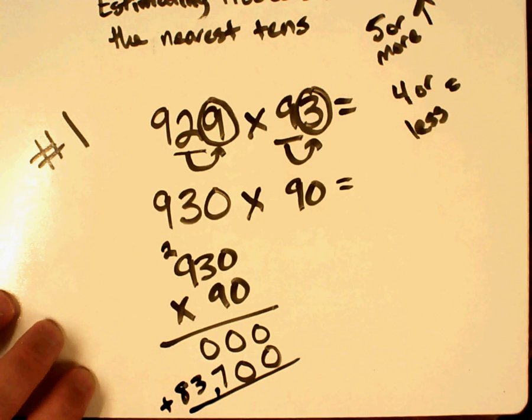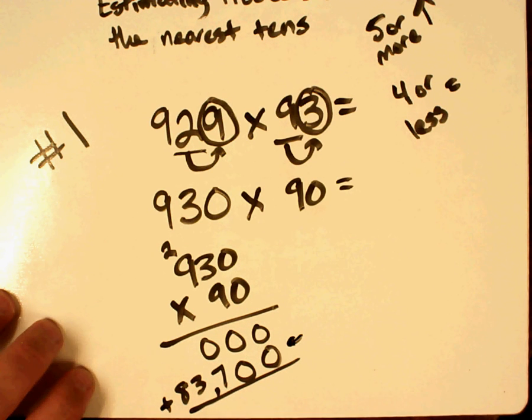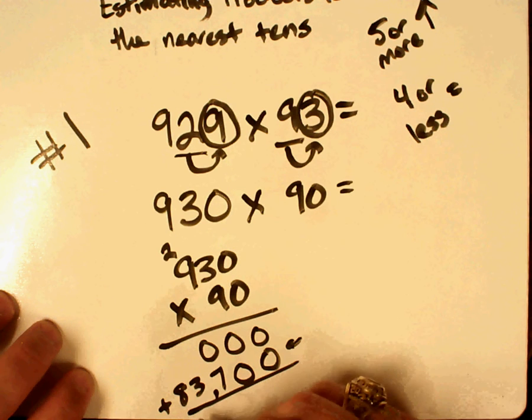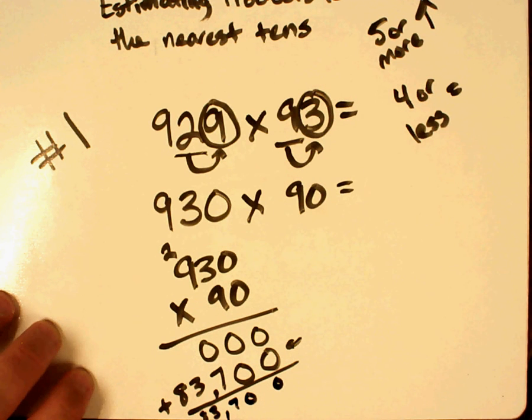And so I end up with, and I'm out of room on my whiteboard here, but really, this is going to be my final answer, 83,700. Okay. Now if you just really want to add it up, you can. Just out of room down here.